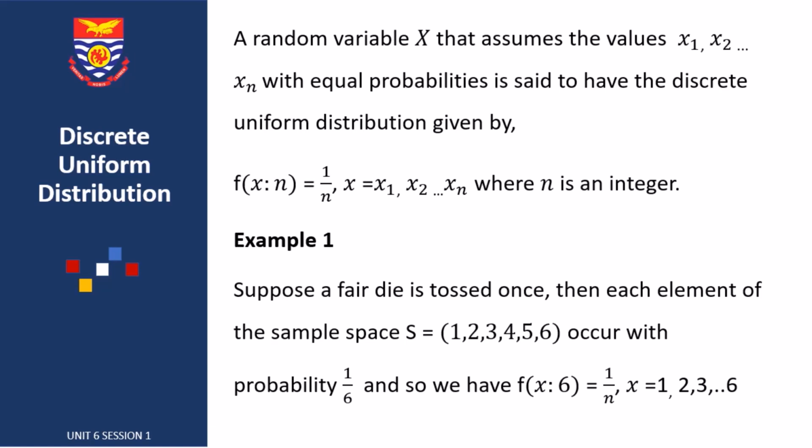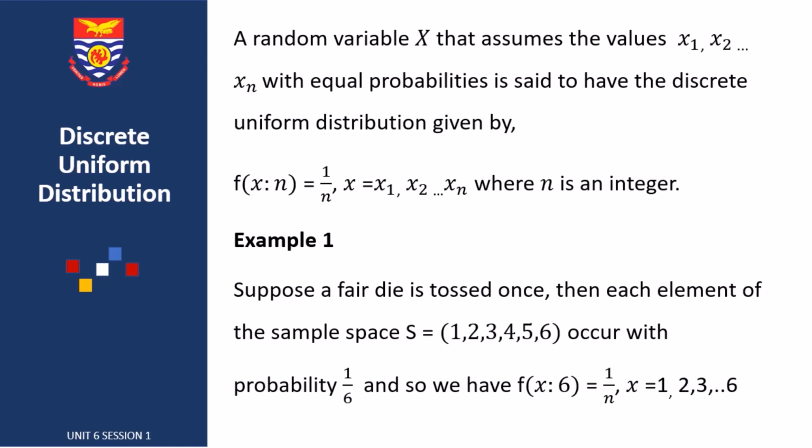So we are saying that the probabilities will be equal, and that is how we determine a discrete uniform distribution. Let's work with an example, and then the idea will be clearer.